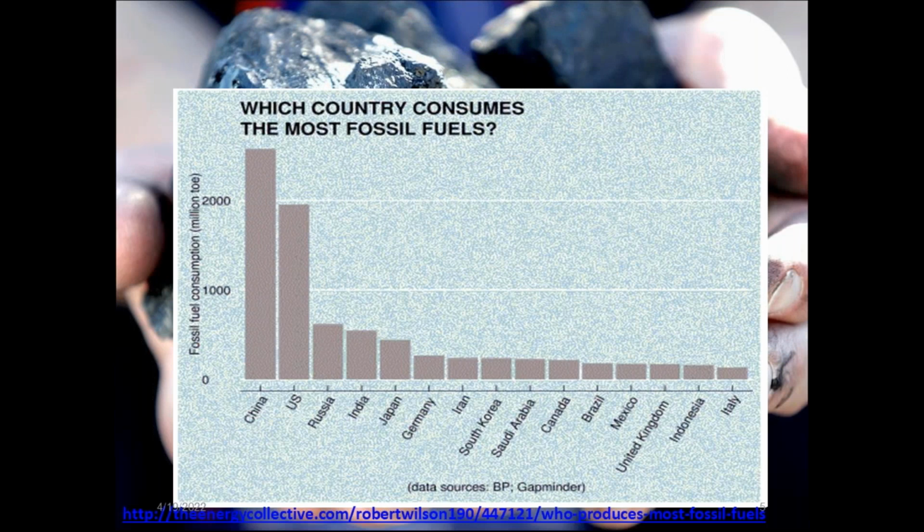If you look at the statistics, China and the US are the top users of fossil fuels. That is the actual scenario, whereas the other countries do use fossil fuels, but less compared to them.